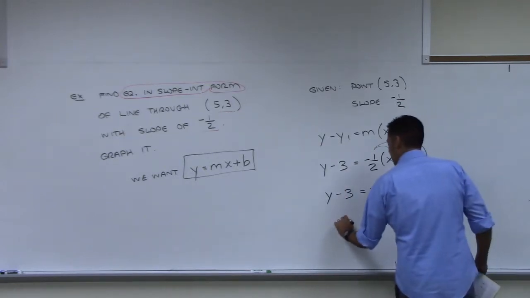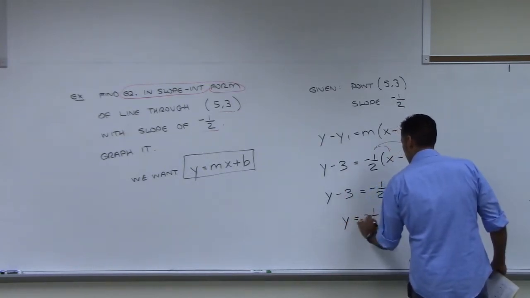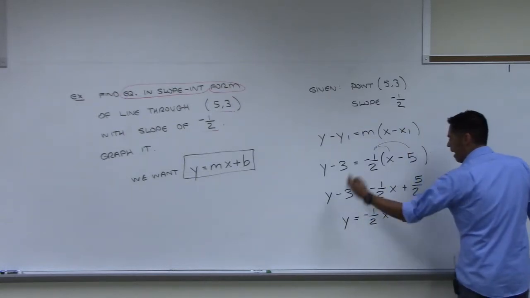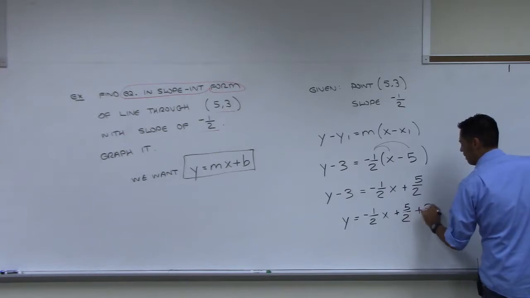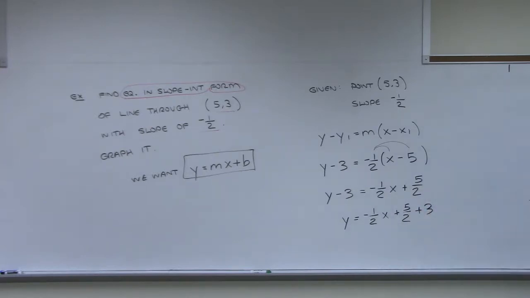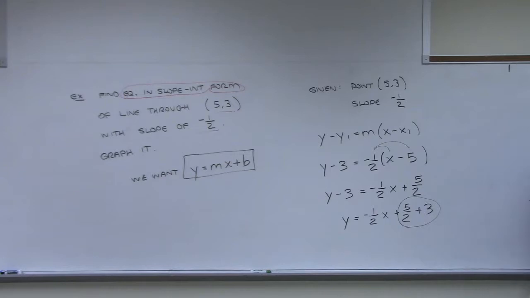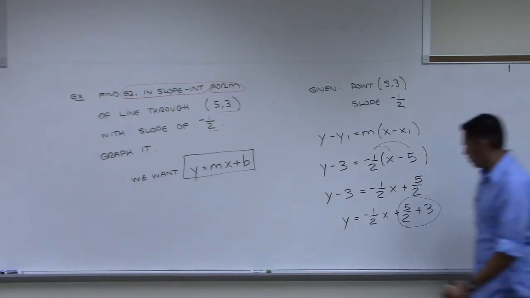So we're going to have y equals -1/2 x plus 5/2, and we're adding 3 to both sides, so plus 3. Now, I haven't actually added the 3 yet, right? You need to combine these together. And how do you add those two? What are you going to need to get? Common denominator. So I'll just do that little scratch work on the side here.